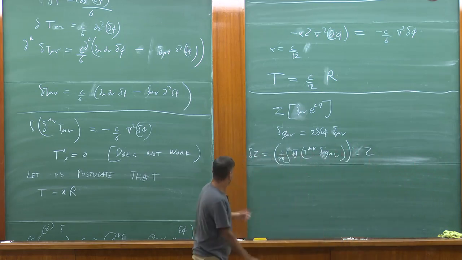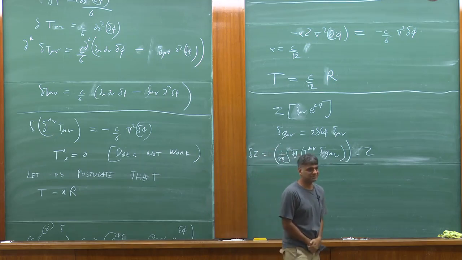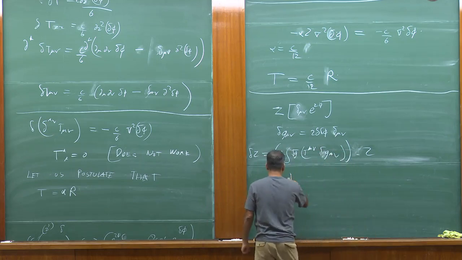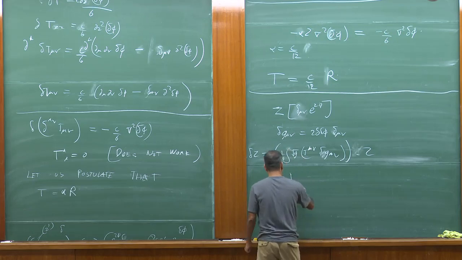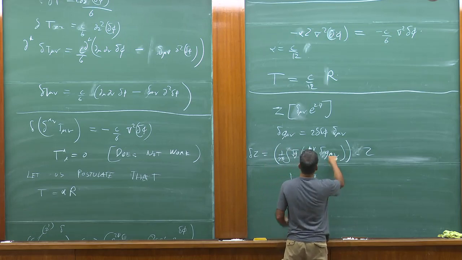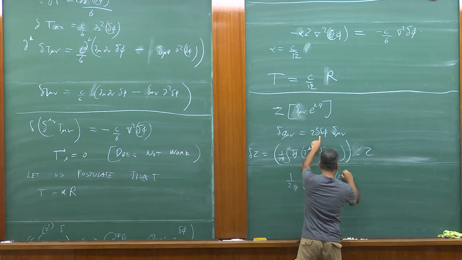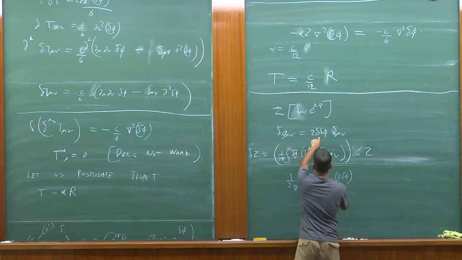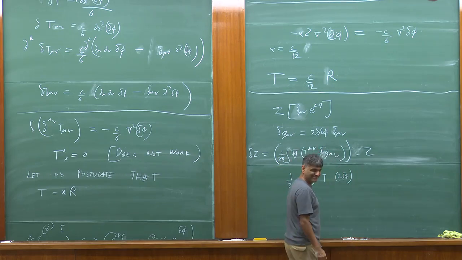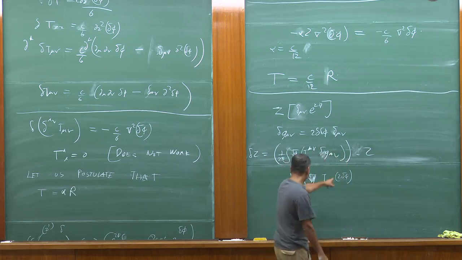Now, the great thing about this is that we know everything about this. Because we have 1 by 2 pi integral square root G, and delta G mu nu, remember, was 2 delta phi times delta mu nu. So that's T. Is this clear? Times 2 delta phi.